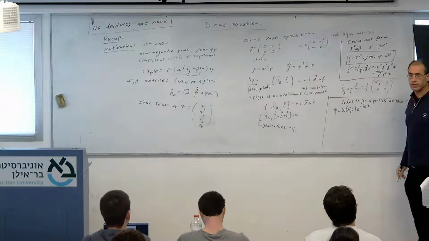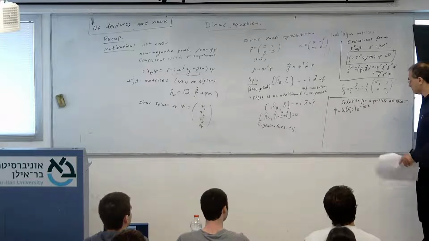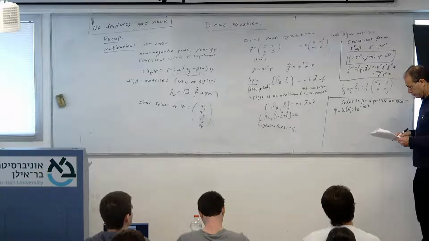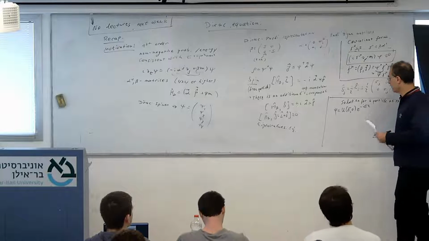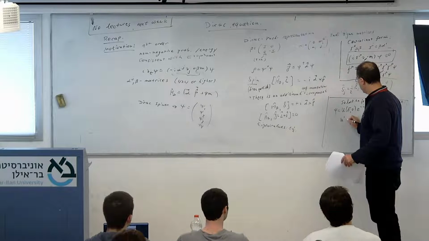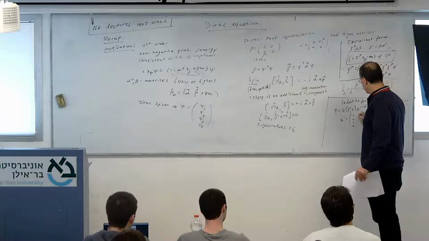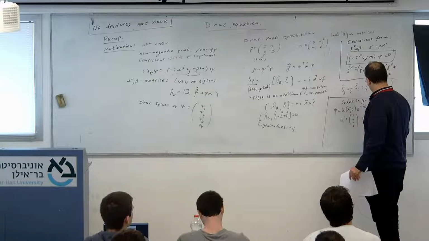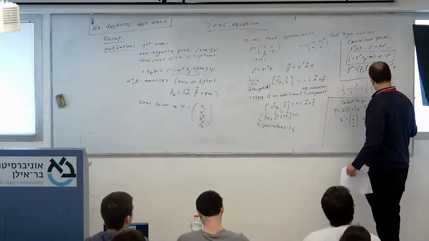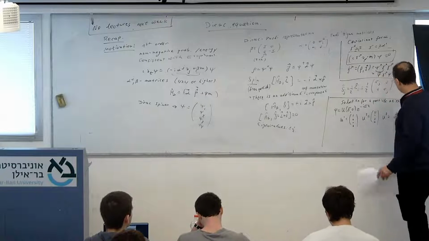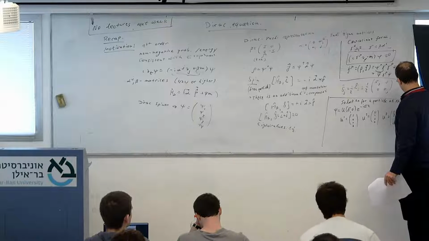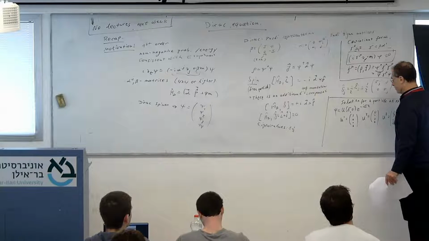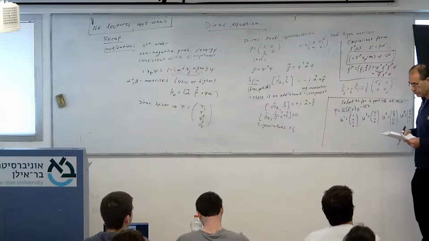It's at rest, so the p_j's are 0. And we find that there are quite simple solutions, which would be u1 is 1 0 0 0, u2 is 0 1 0 0, u3 is 0 0 1 0, and u4 is 0 0 0 1. So quite simple solutions.